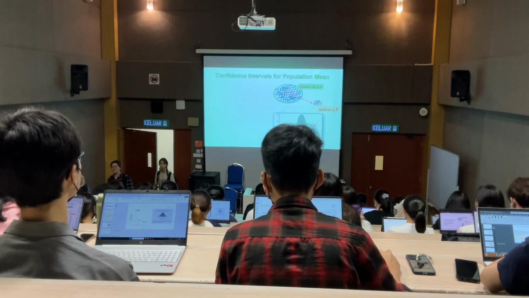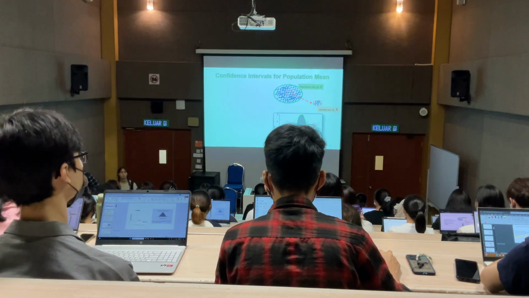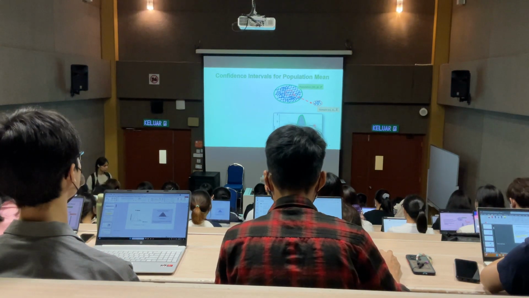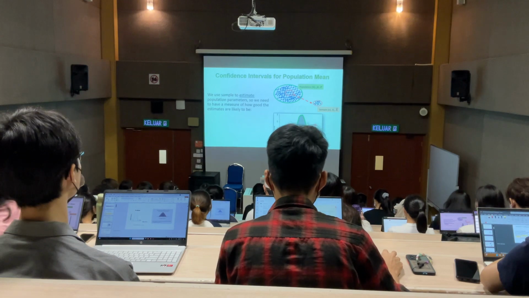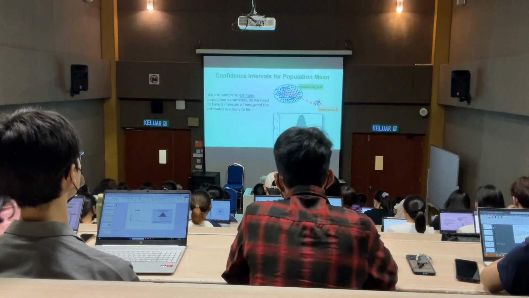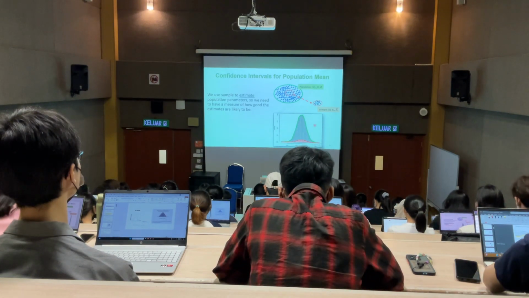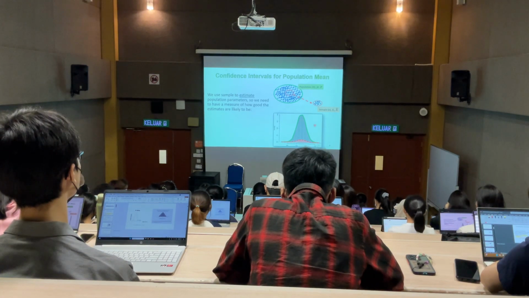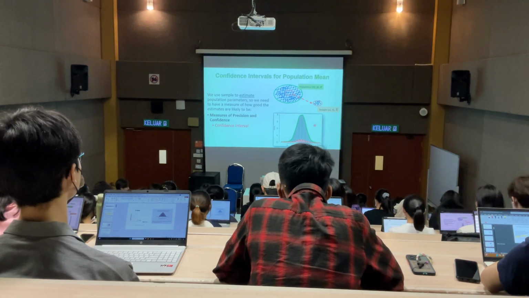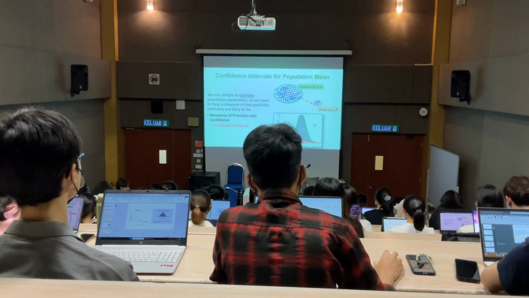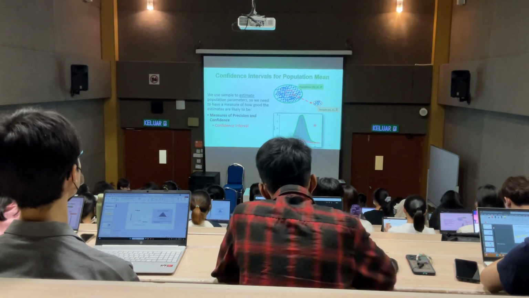But it will be normally distributed if your sample size is large enough. Remember the central limit theorem? Because we are using the sample to estimate the population parameter, we need to measure how good your estimate is. This is why we measure the precision and confidence level. So, this is the confidence interval.